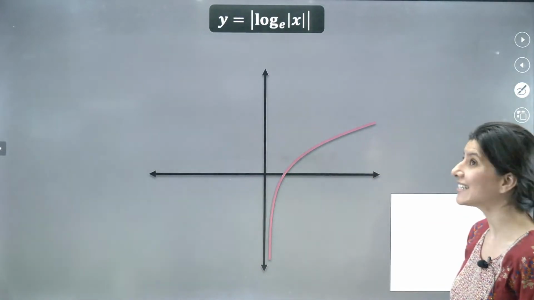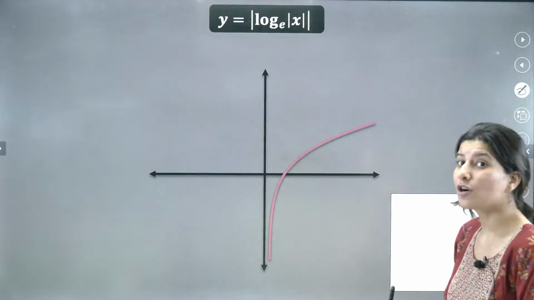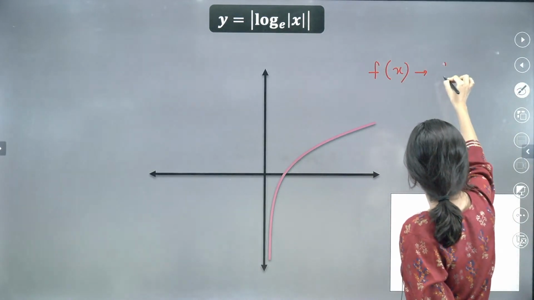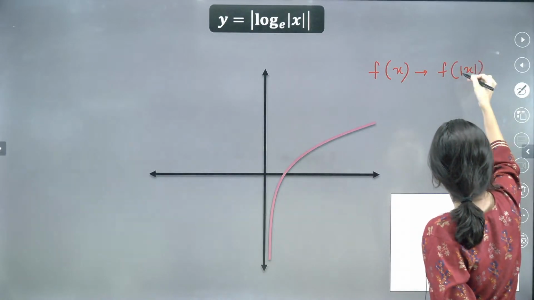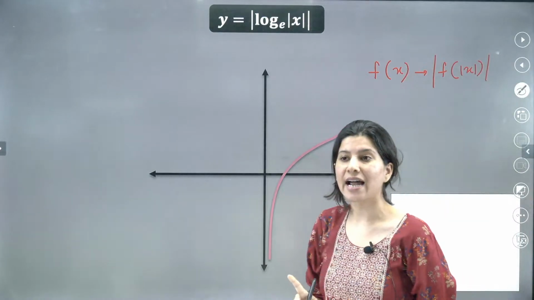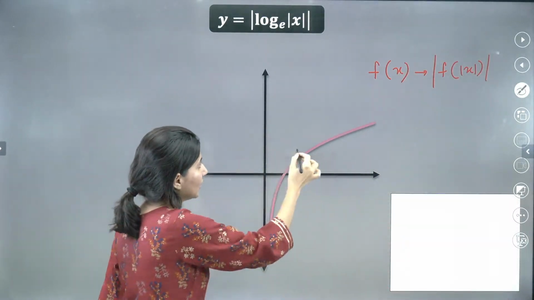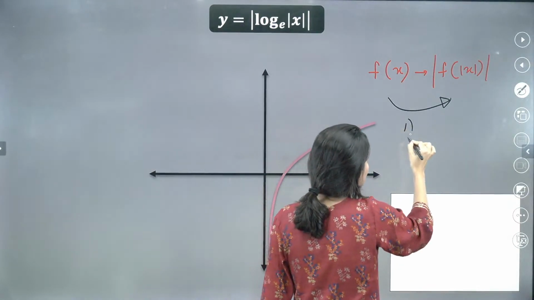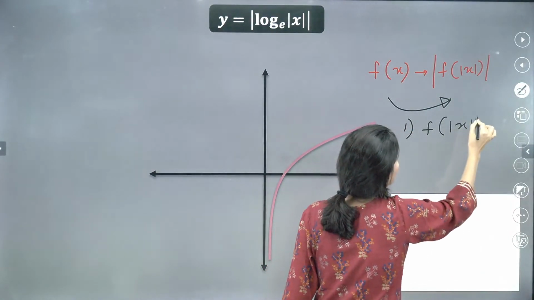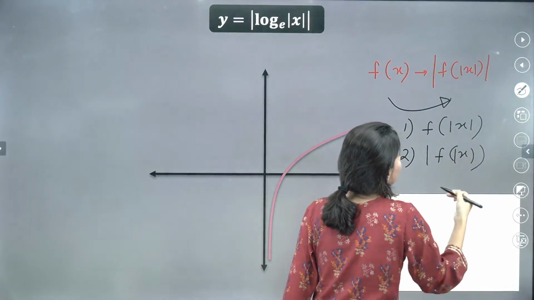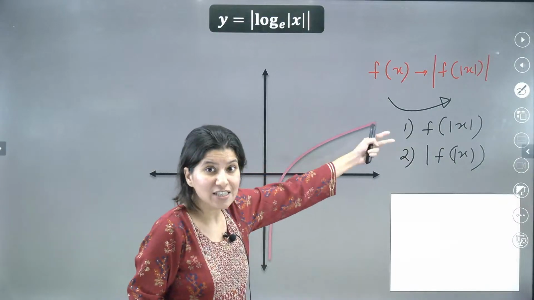And now the next is again mod of log of mod x. So basically what we are going to do is f of x to mod of f of mod x. Okay. So in here please understand that this transformation is not that simple. First step is just go for f of mod x. The second step is mod of f of x. You can't change the order.